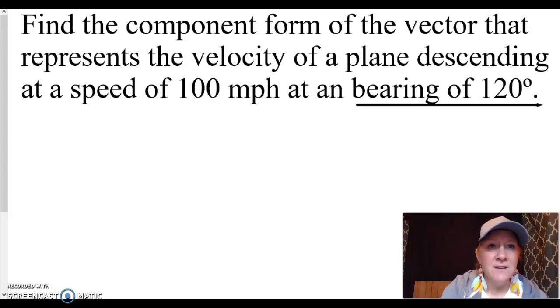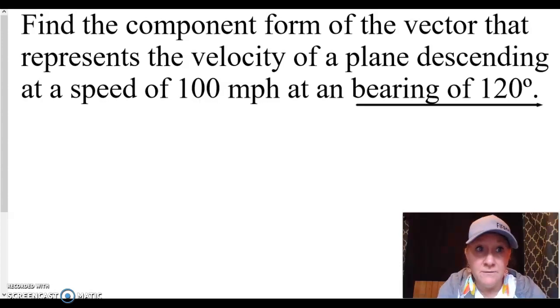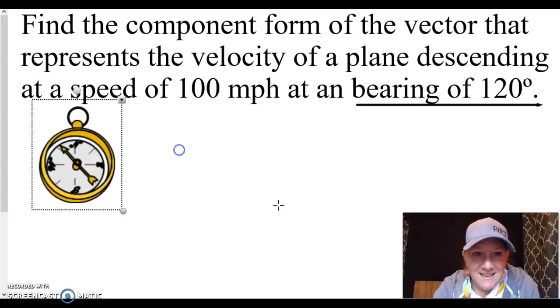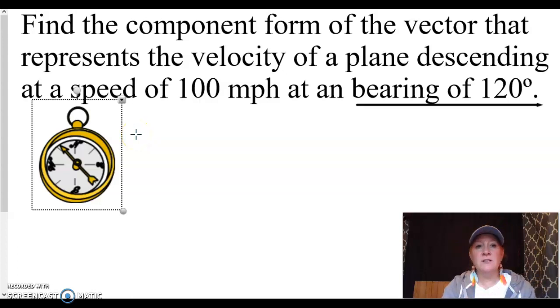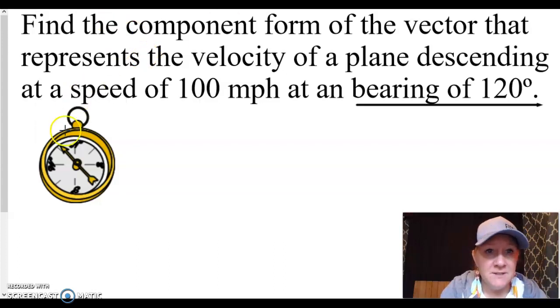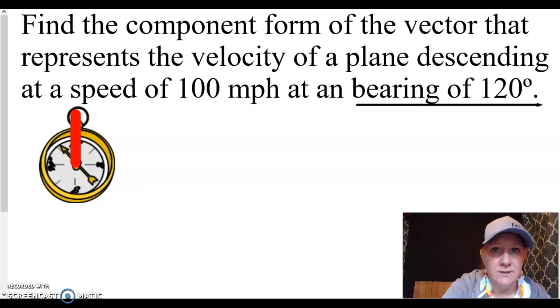If you have a compass, you always reference everything off of north. Generally, we have been referencing off of east. So north is this way, and then it says a bearing of 120 degrees.